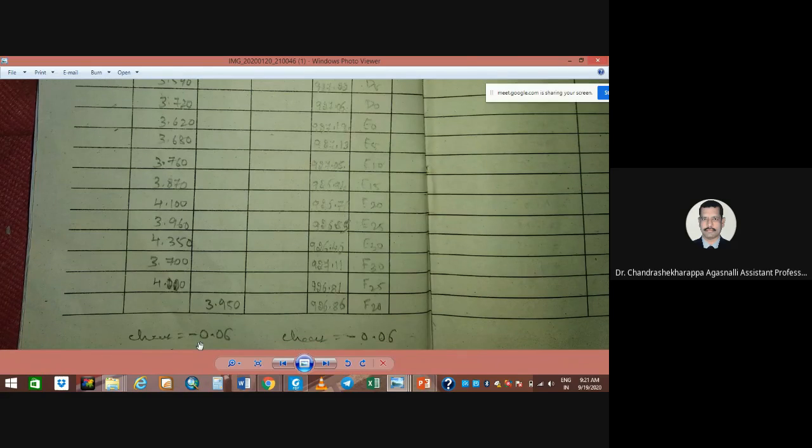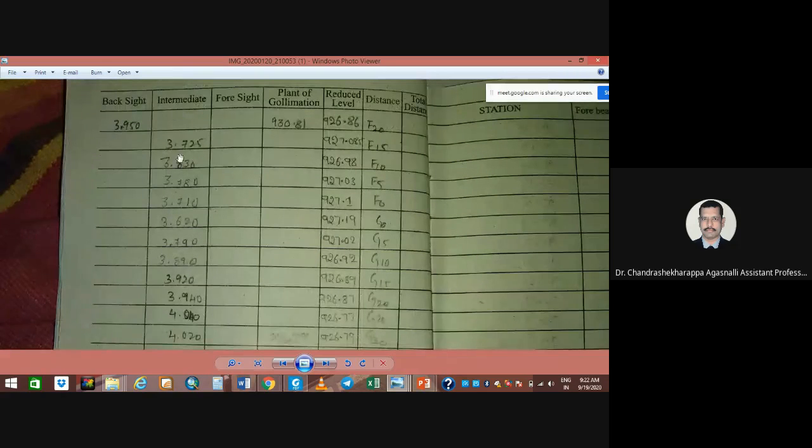Altogether, the check should be equal, both minus 0.06 or minus 0.6, whatever they should be. Otherwise, there is some problem with your points. Each page you have to make these checks. Here are corrections. Check corrections.